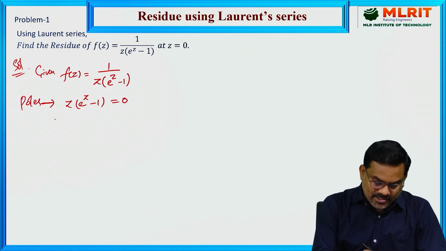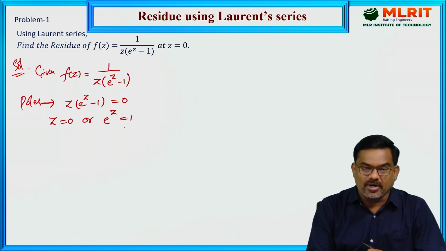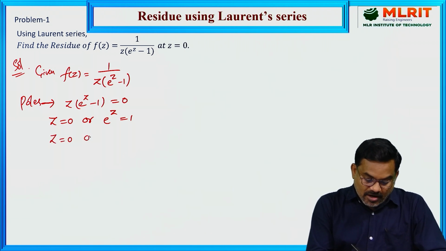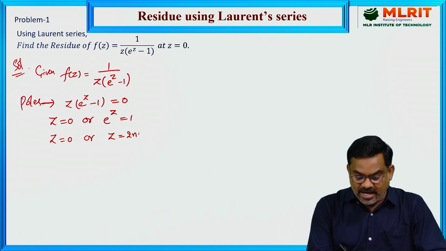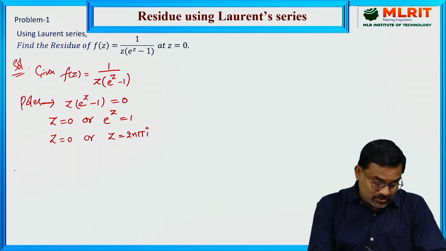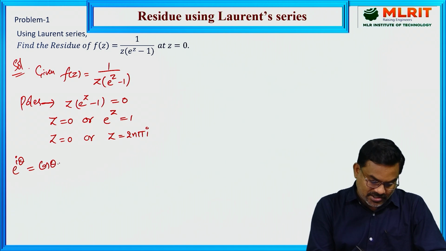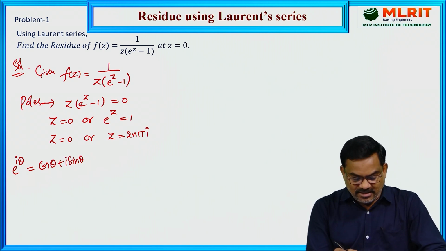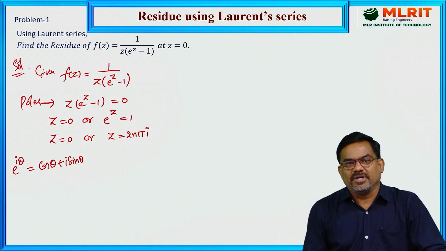By equating the denominator to 0 we get z equal to 0 or e power z equal to 1. If e power z is 1, what is the value of z? That is 2n pi i. This is using the expansion of e power i theta as cos theta plus i sin theta. E power 2n pi i is cos 2n pi plus i sin 2n pi, that gives 1 because sin 2n pi is 0.